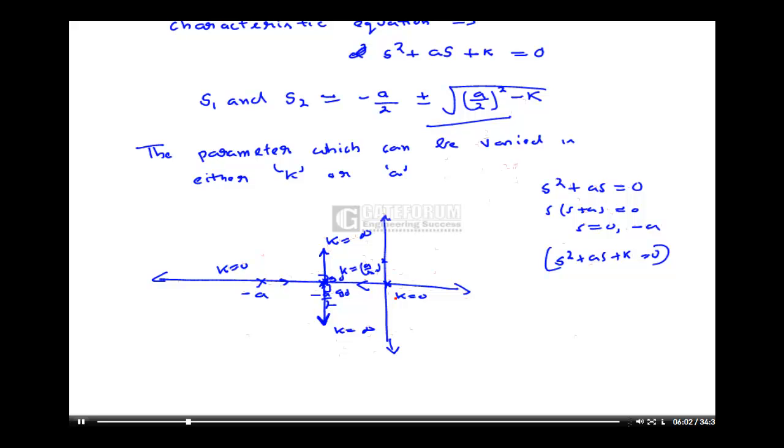From the previous root locus diagram, I have to note some points.